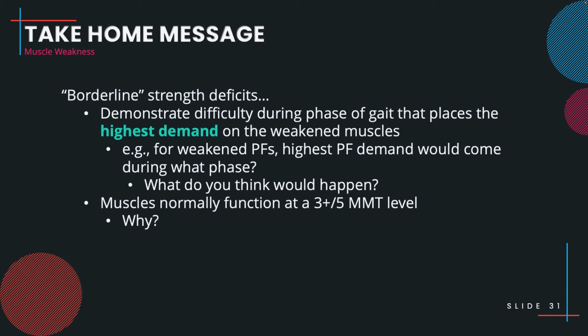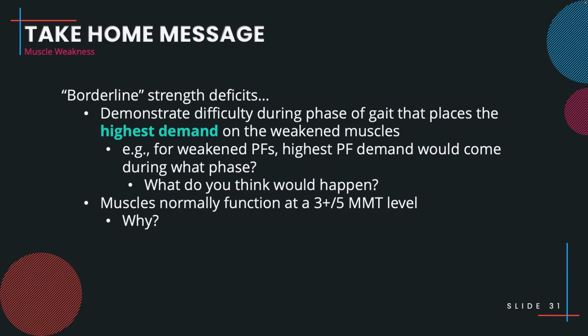So from our last few slides, we were able to see that manual muscle testing isn't the most valid way to be able to capture underlying strength deficits because it just doesn't take that much force to get a 5 out of 5.